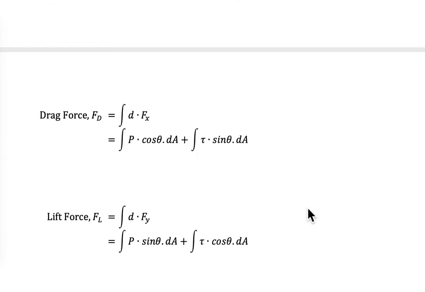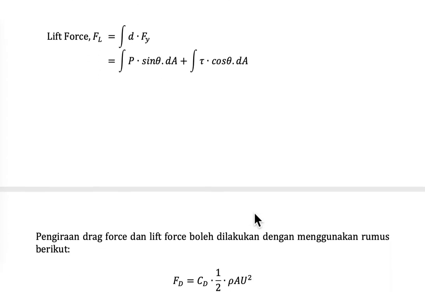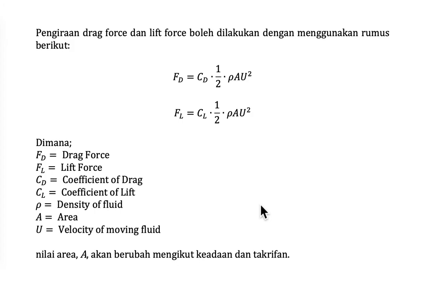So we could say that drag force is the summation of P cos theta dA plus tau sin theta dA, while lift force is the summation of forces that act on the y-axis, and it can be written like this.